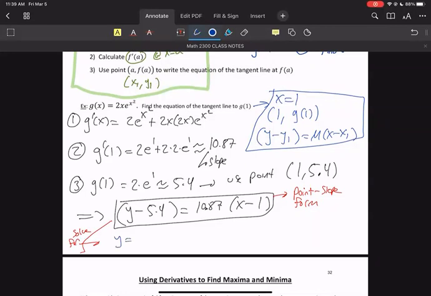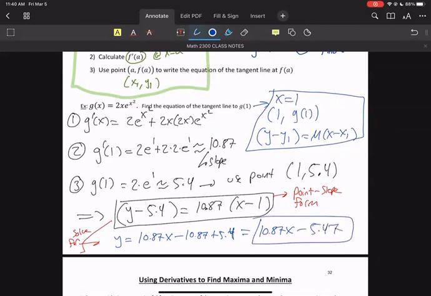It'd be y equals 10.87x minus 10.87 plus 5.4, just getting y by itself. And then that just looks like 10.87x, let's see, I'm not going to do this math in my head, 5.47. So it's a different way to get the b if you like thinking about it that way instead.